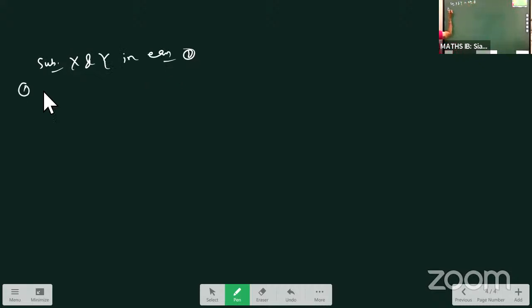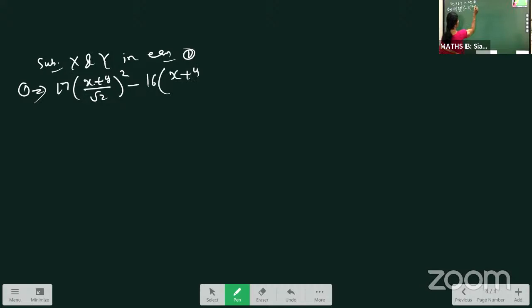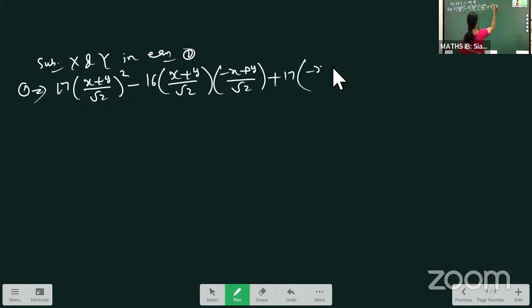What is equation 1? 17 capital X square: 17 into capital X value, x plus y by root 2 whole square, minus 16xy: 16 times capital X value, x plus y by root 2, and capital Y value, minus x plus y by root 2, plus 17y square, y again minus x plus y by root 2 whole square, is equal to 225.